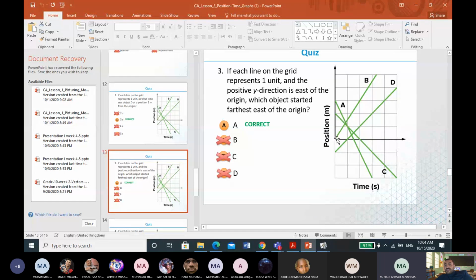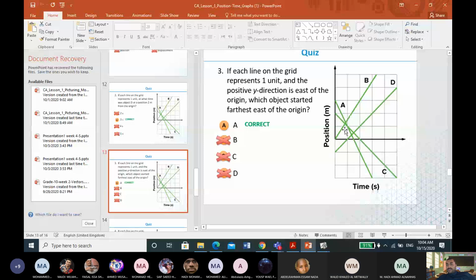See here, farthest east. He wants to know what is the farthest starting point among all these lines. It's A. Why?